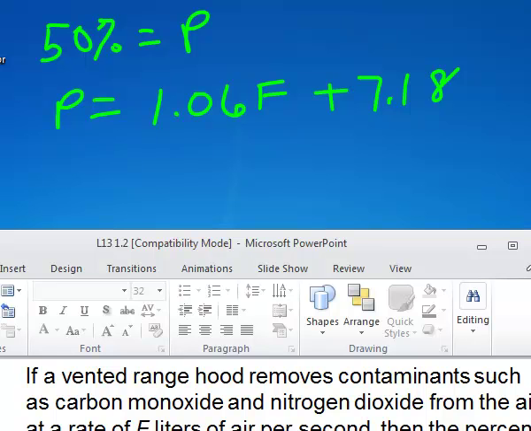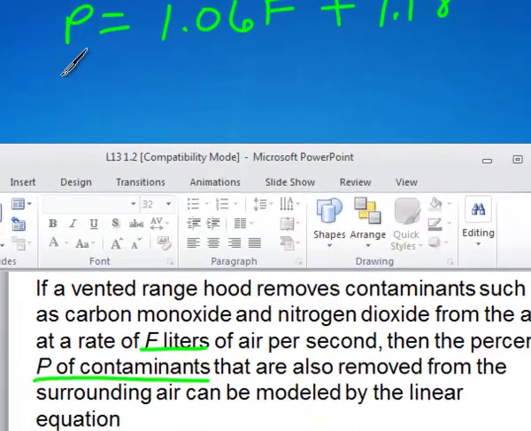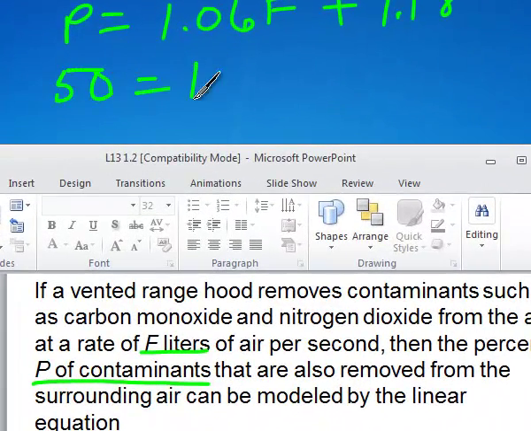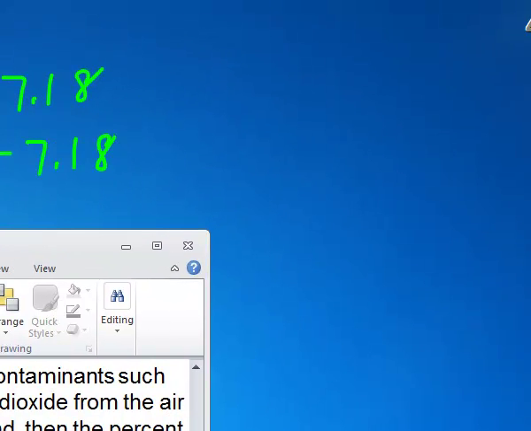All right, so from here, we're going to go ahead and substitute in the 50. Okay? Well, I kind of gave it away, didn't I? 50 should go in where the P is. So part of this is recognizing where to put what they give you, the given. So we're going to put 50 equals 1.06F plus 7.18. Okay, so go ahead and solve for F.